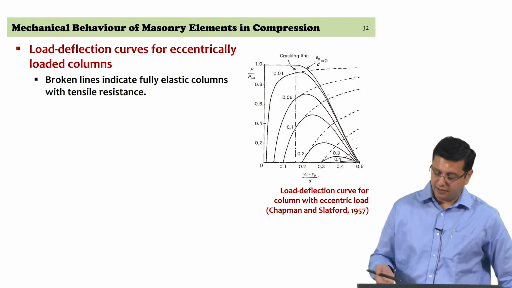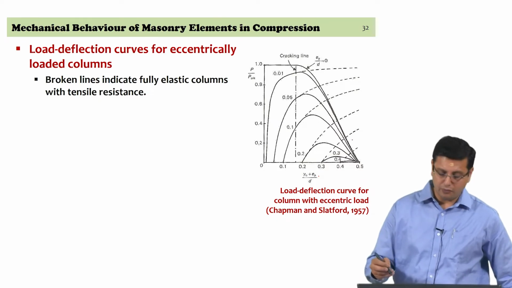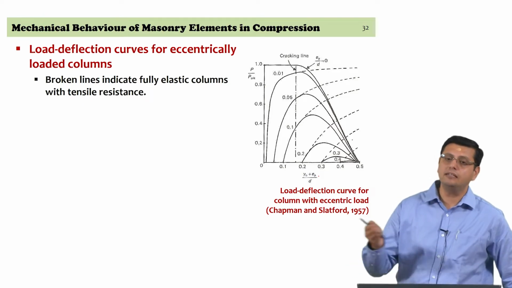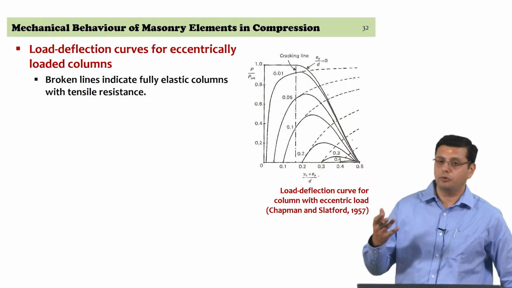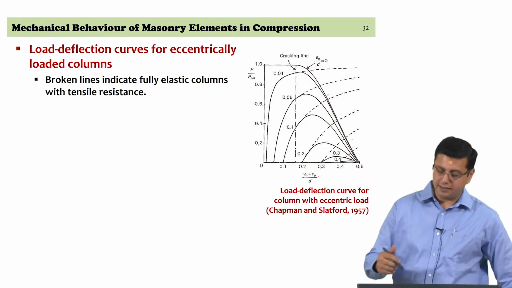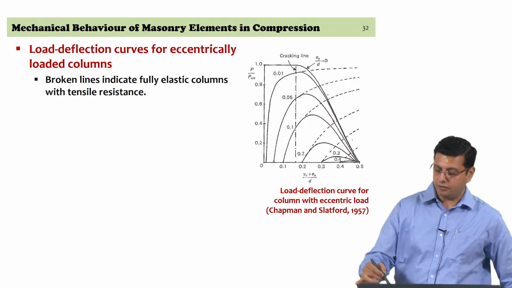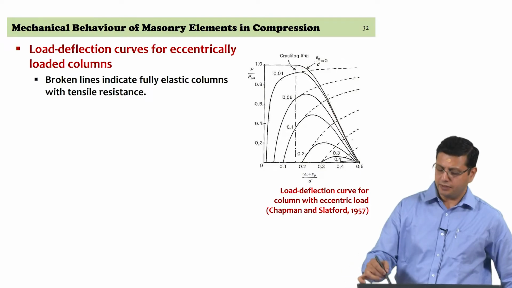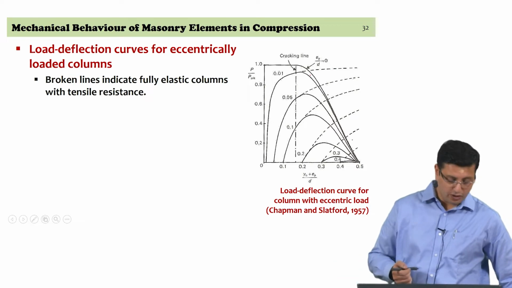So, in this set of curves that you see, if we were to consider the column to behave in an elastic manner even at ultimate and provide the material with tensile resistance, then the load deflection curves beyond the point where the continuous lines start reducing, if it were assuming fully elastic condition, you would actually follow those dotted lines there.